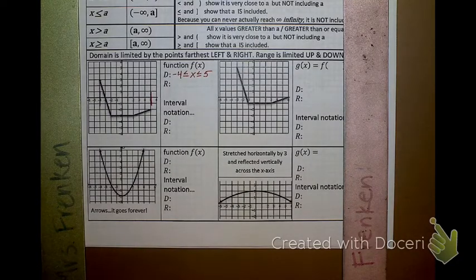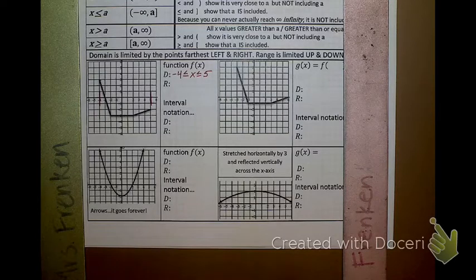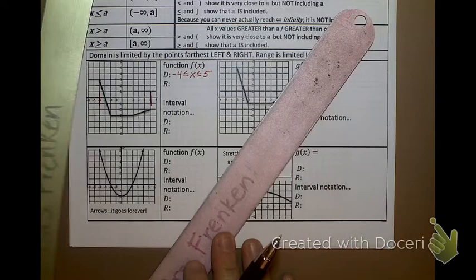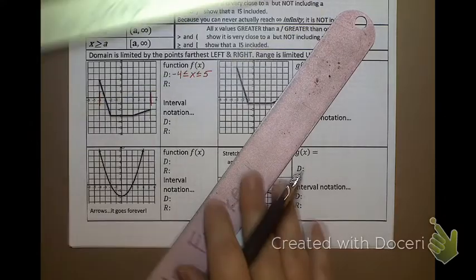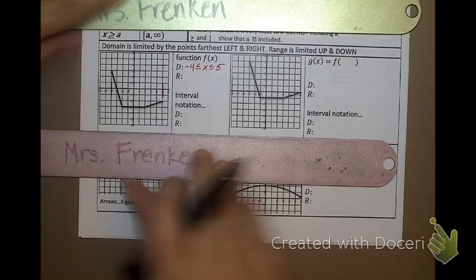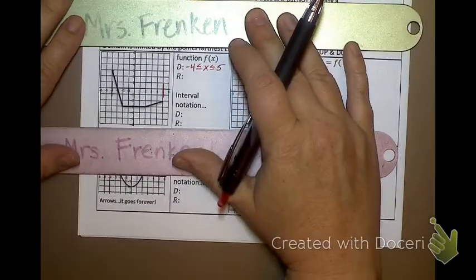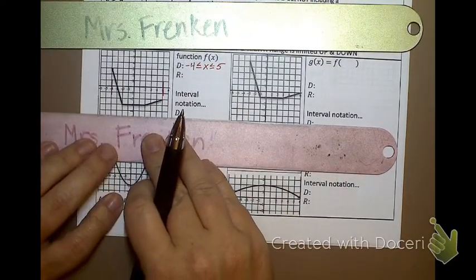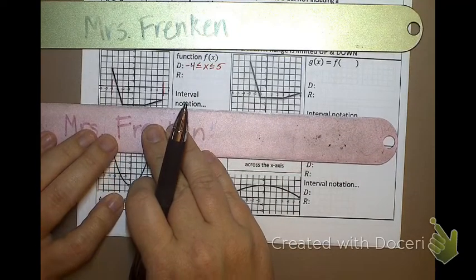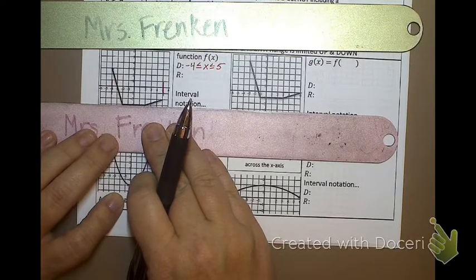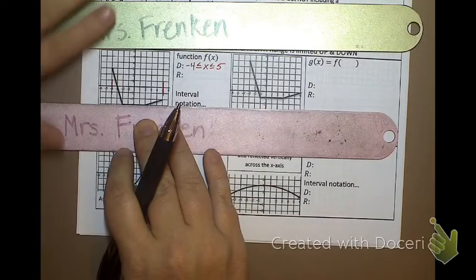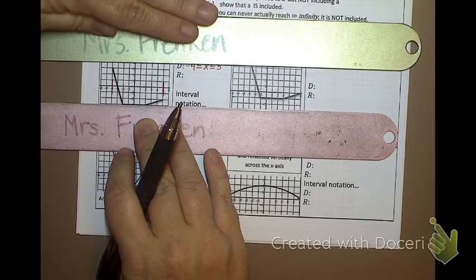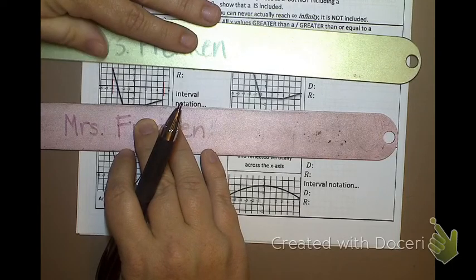Questions about that? Range is the exact same idea, except range deals with y, so it's going to deal with squishing my y-axis. So from the bottom, I can go all the way up to there. And this one, keeping it perfectly horizontal, I can go all the way down to there.